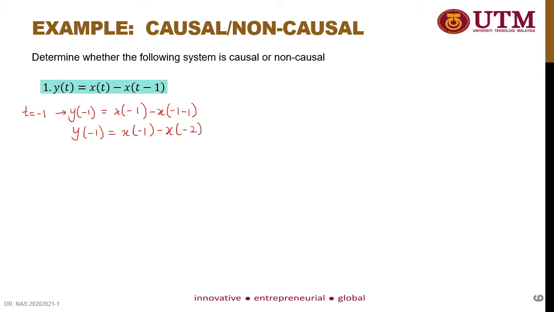So when you compare the states, the output having the -1 state is your current state. Your input point also has -1, so it's the same state. And then you have -2, which is smaller than -1. So in this case, the first one is the current state and then you also have the previous state.